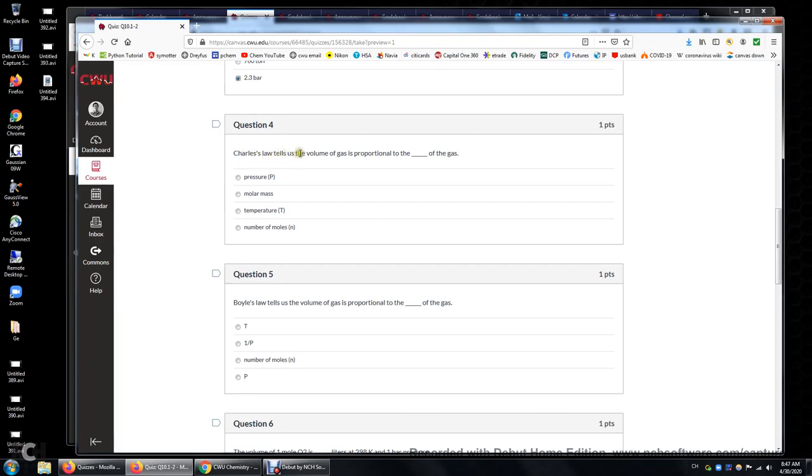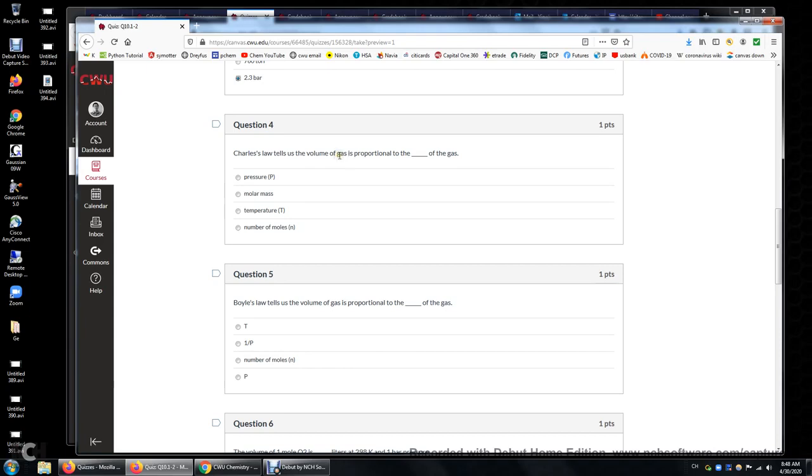Charles' law tells us the volume of gas is proportional to the number of moles N, inversely proportional to pressure P, and proportional to temperature T, so NPT. I would just remember ABC correspond to NPT in alphabetical order.